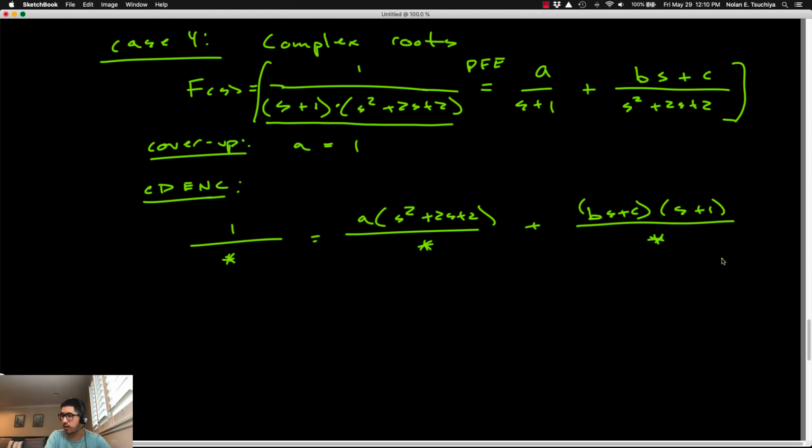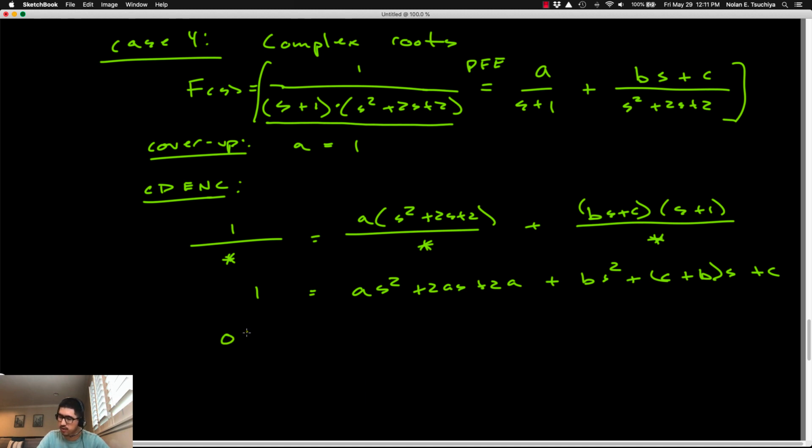So this one's way simpler than the last example because expanding this numerator is not that tricky at all. I get As squared plus 2As plus 2A plus, and then just FOIL this out, I get Bs squared plus Bs plus Cs plus C. That's just the expansion of this product here, and all of that equals 1.